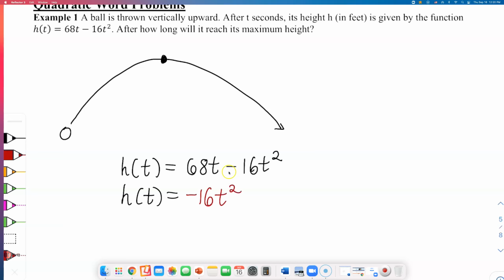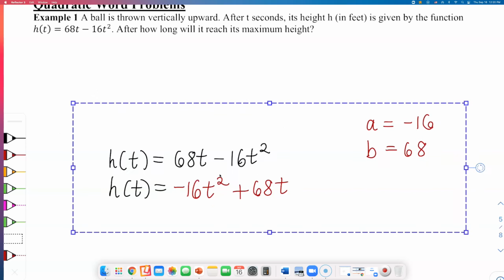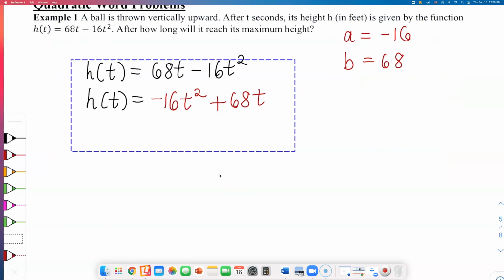And then you notice the 68t is a positive term, right? There's no negative in front of it, so you can do plus 68t there. Now I did that so that I can tell what a is and what b is. a is negative 16, b is 68. I guess you don't really need to rewrite it, but I like to keep things in order.